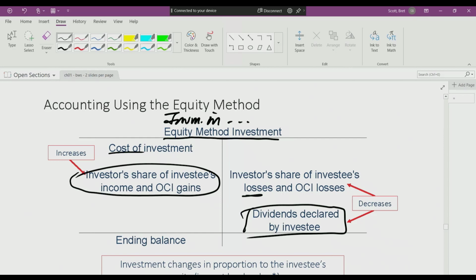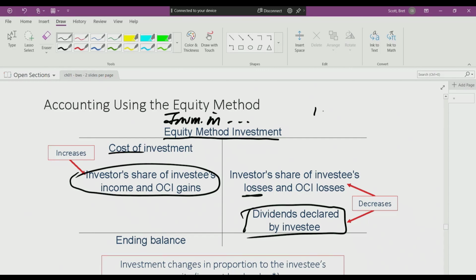Because dividends are viewed as a return of our investment. Their equity goes down when they pay dividends, therefore our investment in them goes down. If the subsidiary has a net loss, the subsidiary's equity goes down, our investment goes down. If the subsidiary has net income, their equity goes up, our investment in that subsidiary goes up.